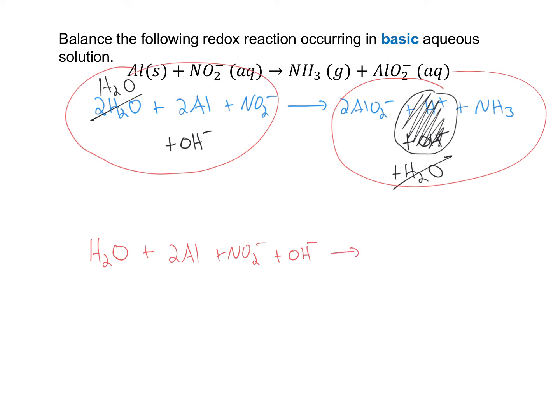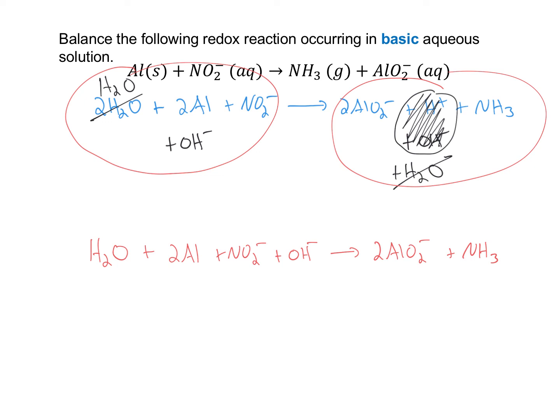And on the products, I have 2 AlO2 minus and an ammonia. So my reaction is now balanced for basic conditions, but it's still a good idea.